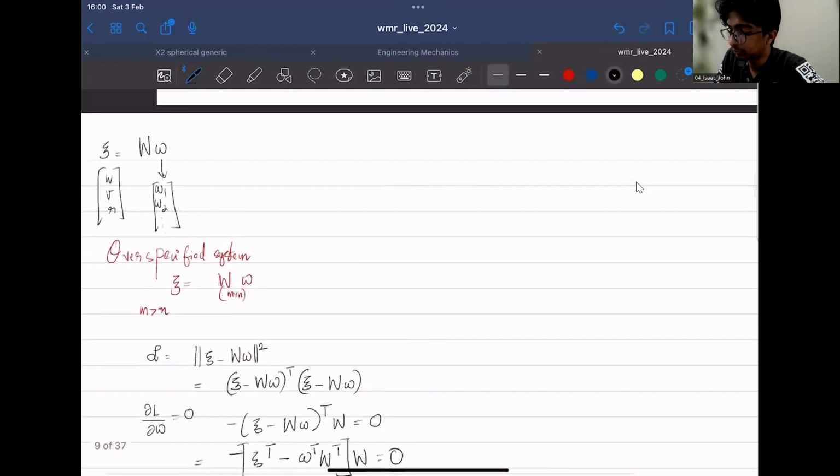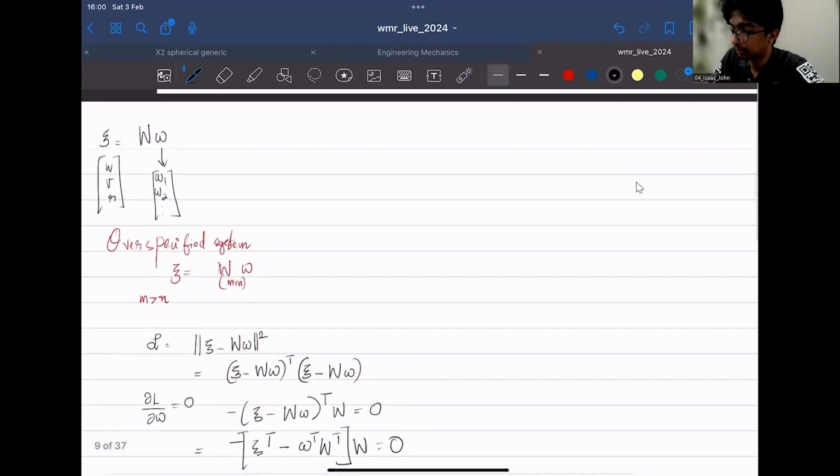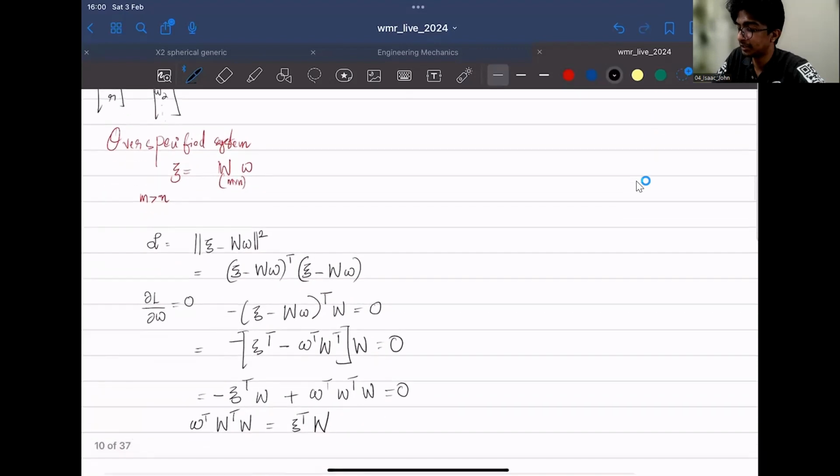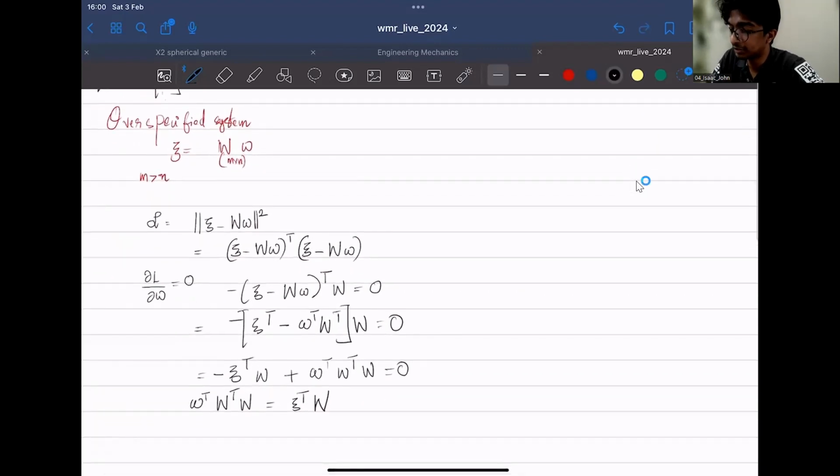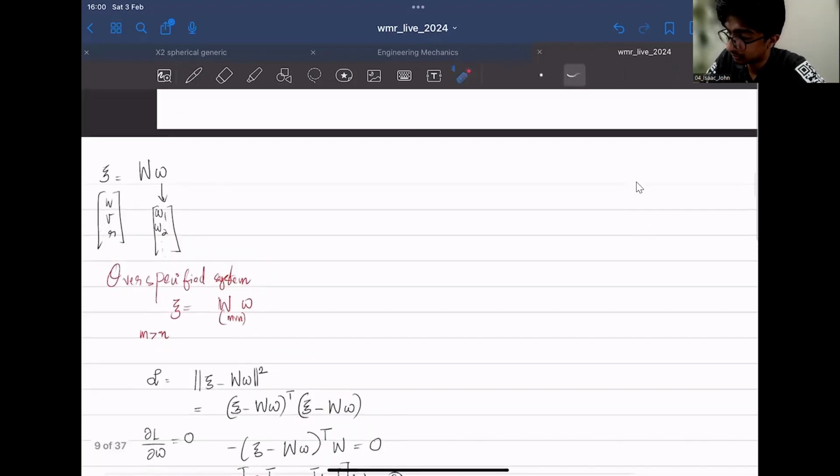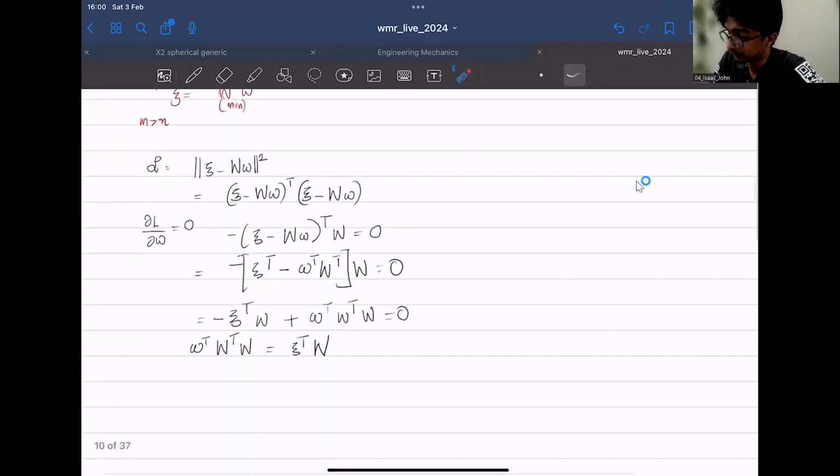Your objective is to find the vector omega that approximately satisfies this equation, so that the least square error is minimized.